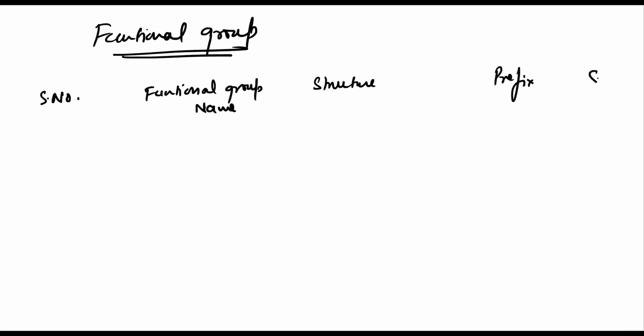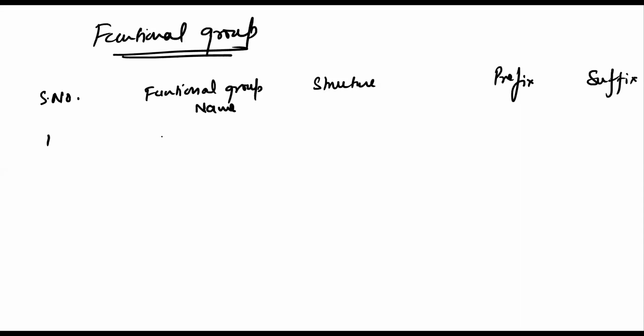So first is the serial number, then the functional group name, okay, then its structure, and then its prefix, and then suffix.